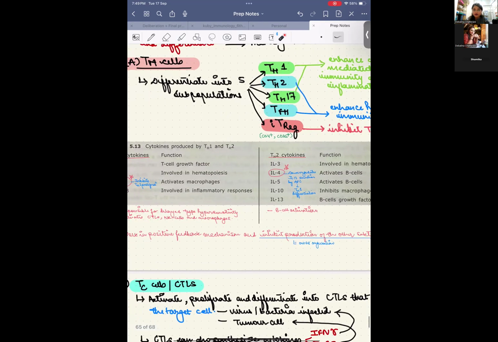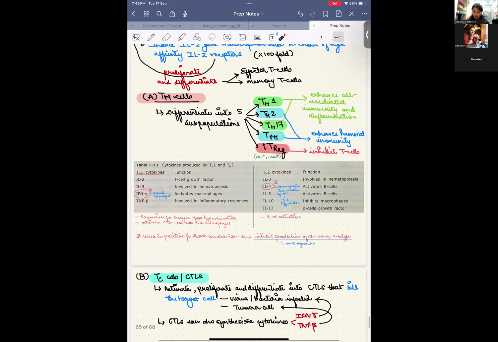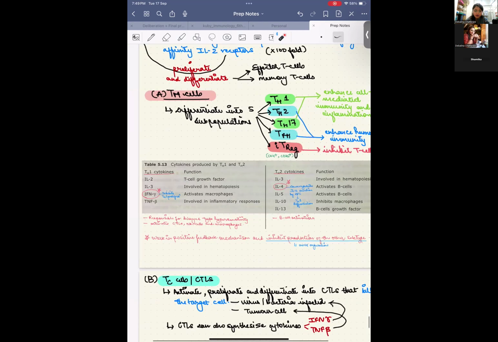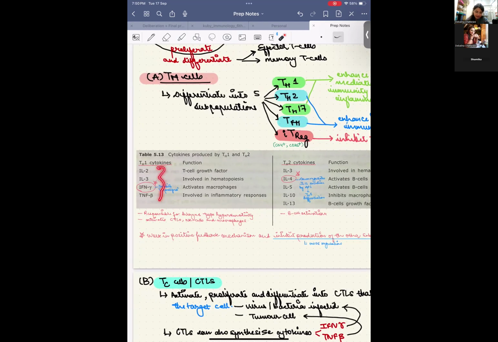Now, there is one important phenomenon happening over here, which is the phenomenon of cross-regulation. Of all these cytokines, we have one cytokine released by either subtype. Both these subtypes want to maximize their number while trying to eliminate the other subtype. So this process, where the cytokine from one negatively impacts the cytokine from the other, is known as cross-regulation.